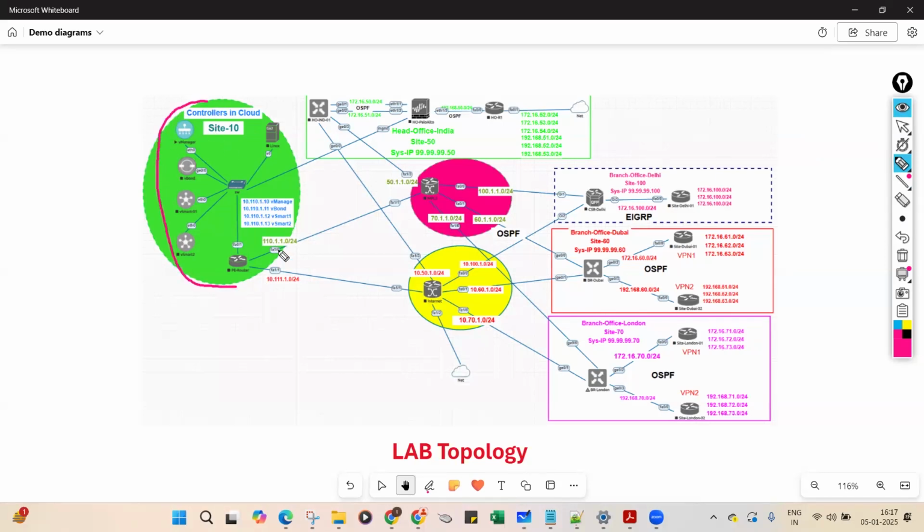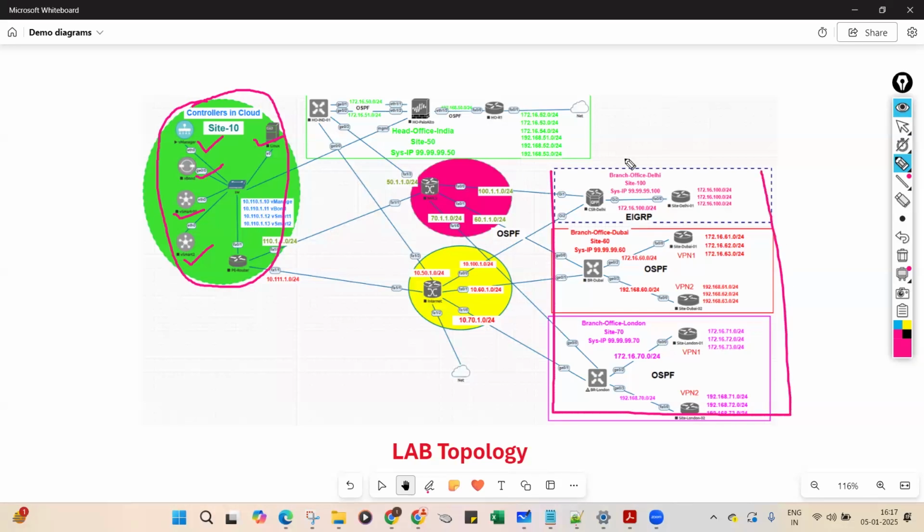Here we have our controllers hosted on the cloud. This is vManage, this is vBond, and we have two vSmarts for redundancy purposes. All these controllers are hosted on the cloud, and we will be using a Linux machine to access vManage via the graphical user interface.